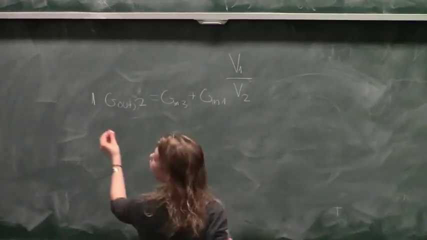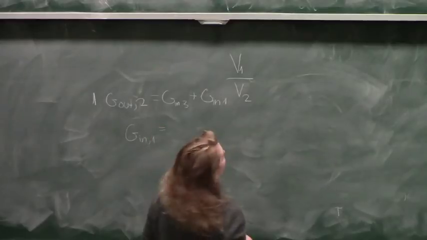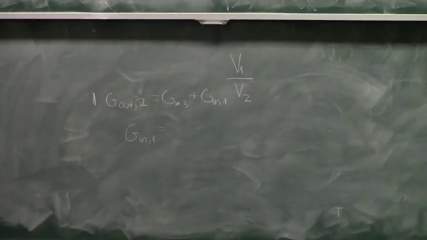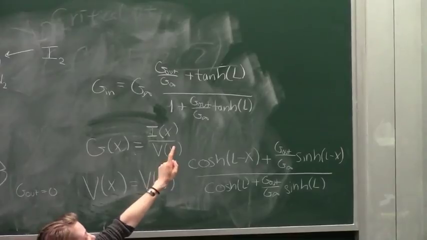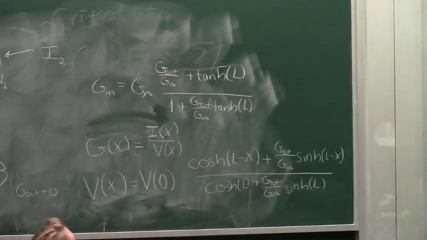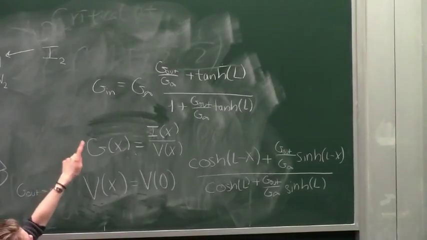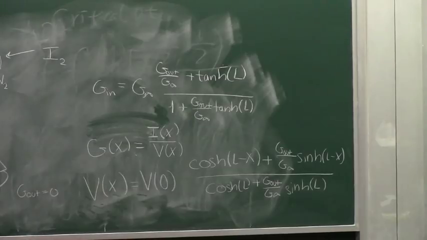And then using your equation for G in, for example, G in 1 is G infinity times G out over G infinity plus tanh L over 1 plus G out over G infinity times hyperbolic tangent of L, and G out is 0. So that basically means that your G in 1 simplifies to G infinity times tanh L.